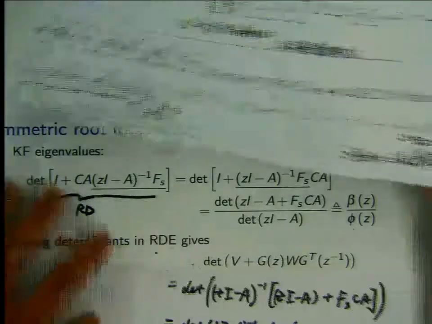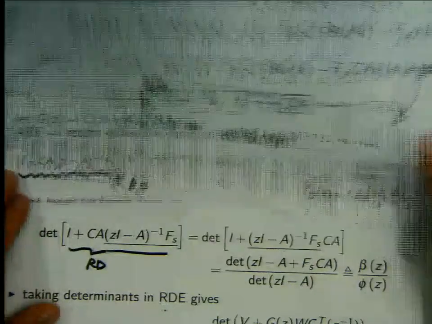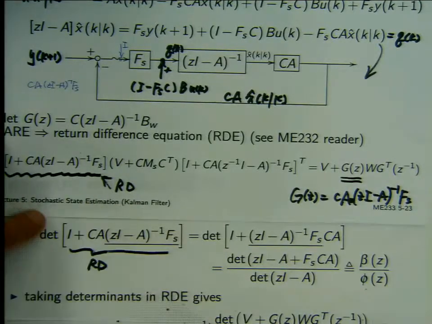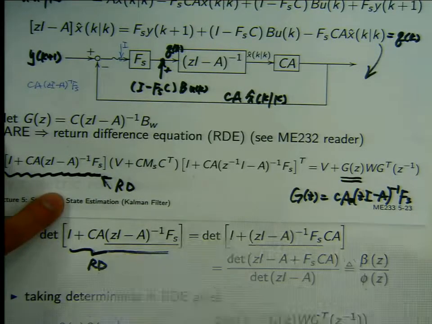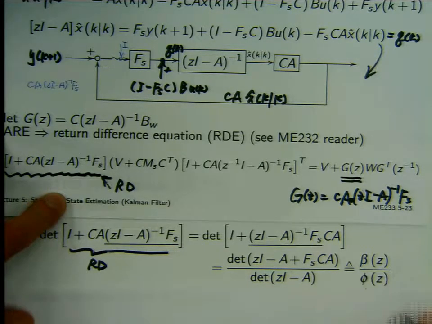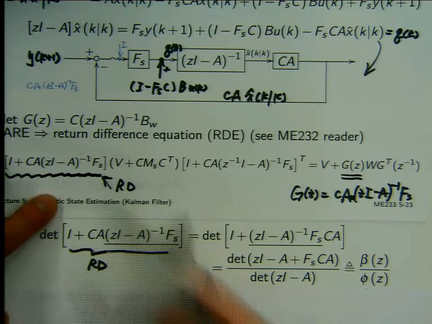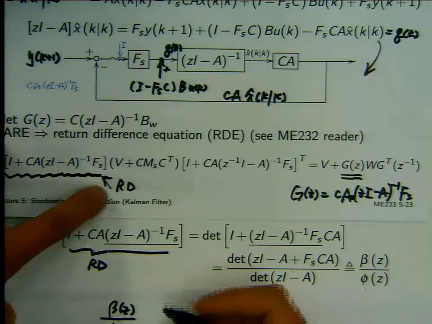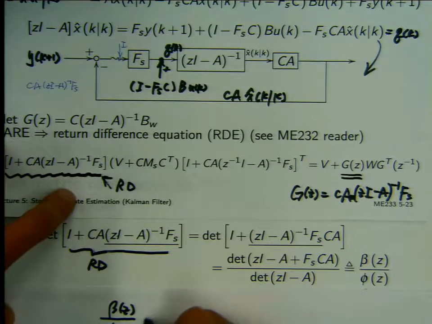Immediately you see, if I take the determinant on the left-hand side, for the first term I'm going to get beta(z) divided by phi(z). And then inside here is the determinant of V plus C M S C transpose.